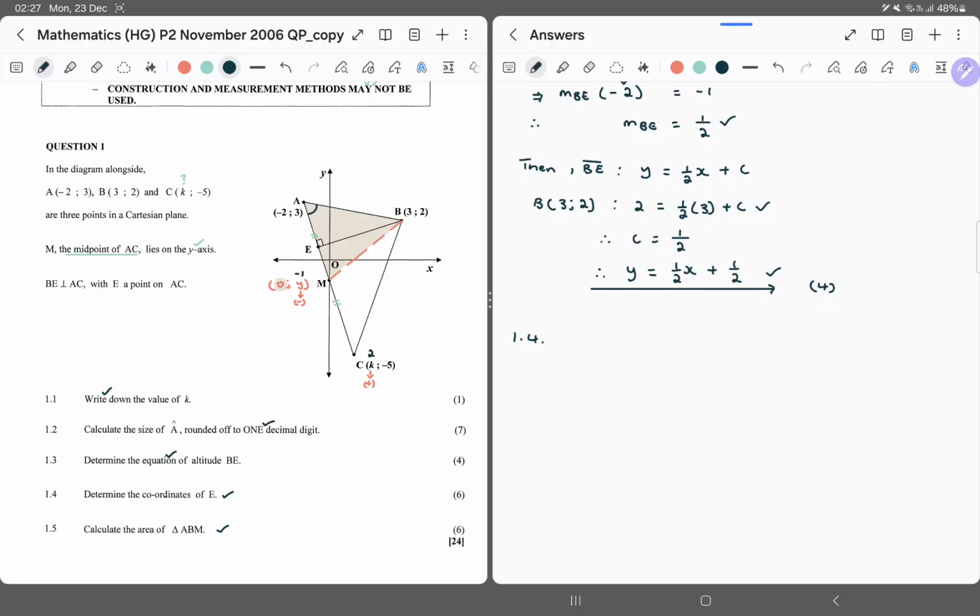1.4. We need to determine the coordinates of E. So we know this is quite a hefty number of marks. So obviously it's more of a higher grade question in a higher grade paper, because others have been fairly standard just to prevent a fail. Okay, now let's see what is going on here. We can do this by finding the equation of AC, so we don't really need to worry about M per se.